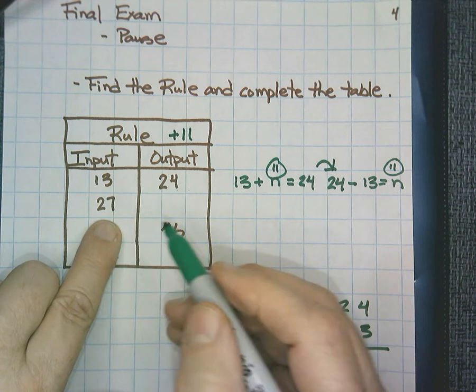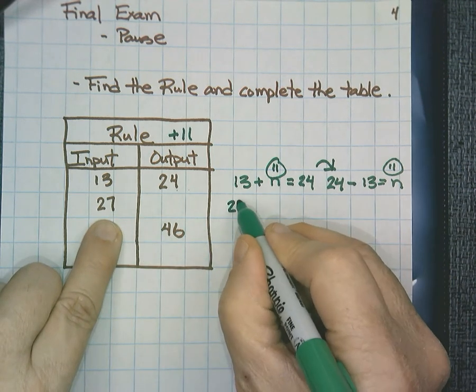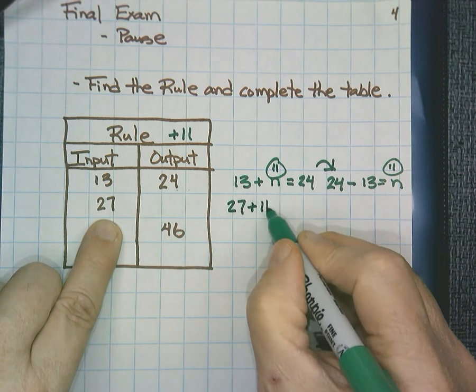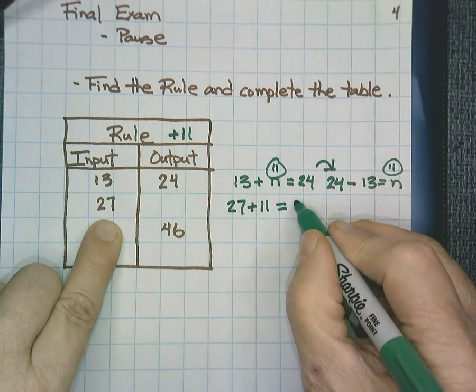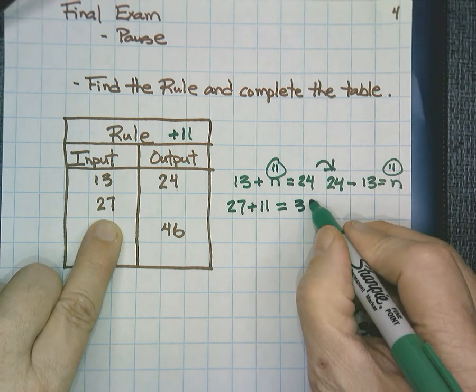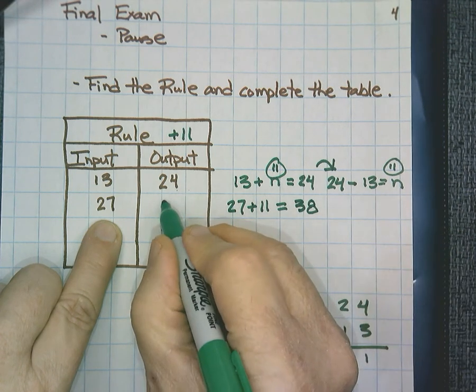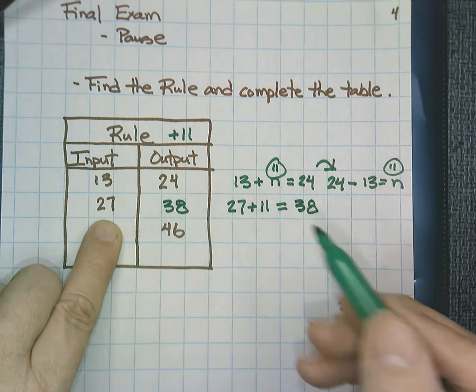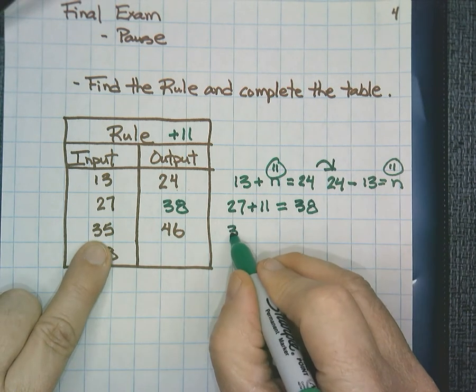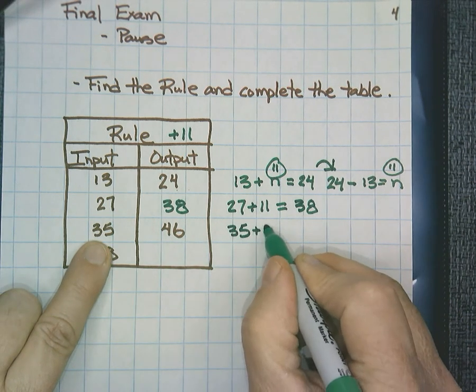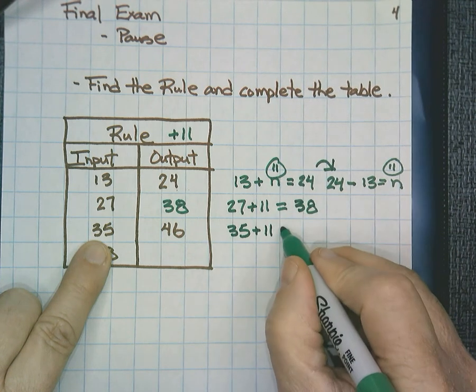All right, so 27 plus 11, and that would get us at, I believe that would be 38. I'm just going to check and make sure. 35 plus 11, that's our rule.